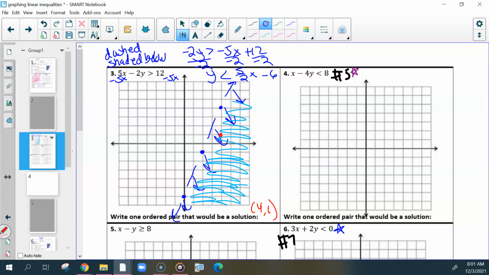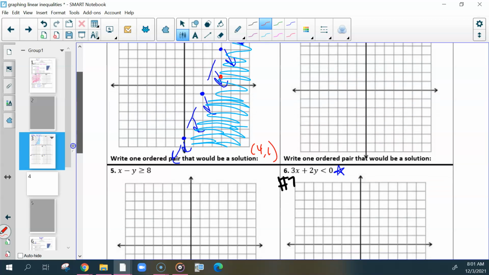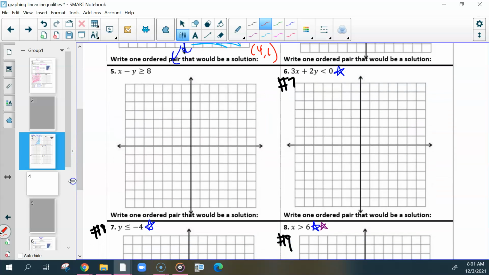Let's jump to number 5. Same thing. It's not in slope-intercept form, so we need to get it in slope-intercept form.